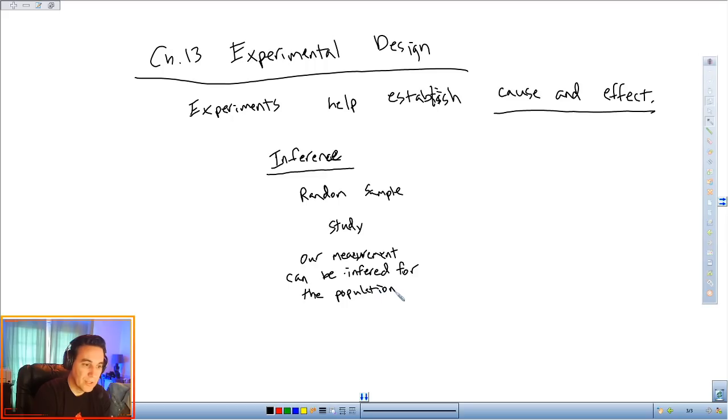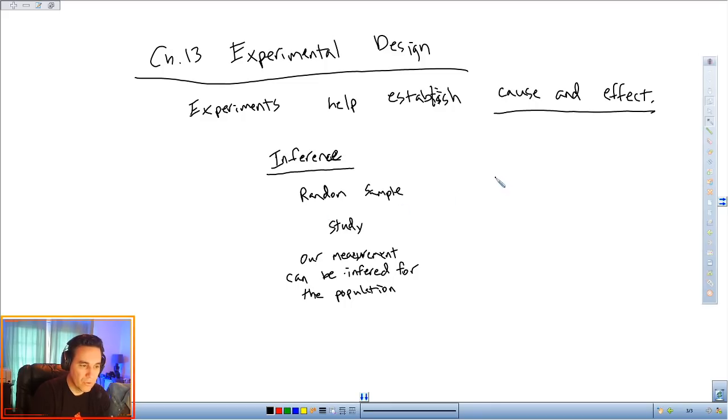If you do a random sample. If you don't do a random sample from your population, then whatever you did in your study, we can't infer it to the population. If we did that antibody test, how many people have had coronavirus? If they didn't pick a random sample to get their proportion, then there's no reason to say that's the number for the true population, because I didn't do a random sample.